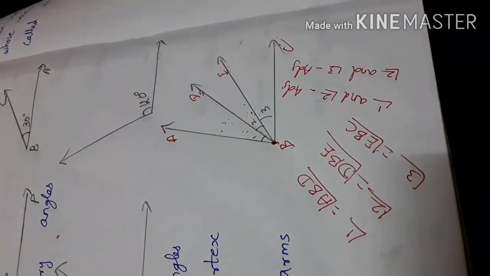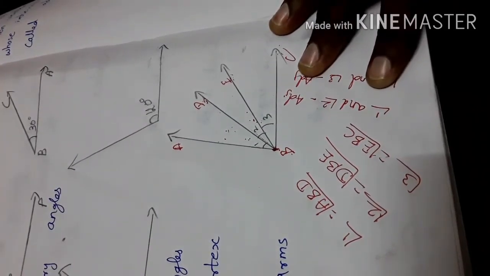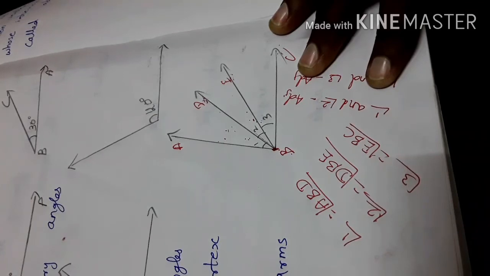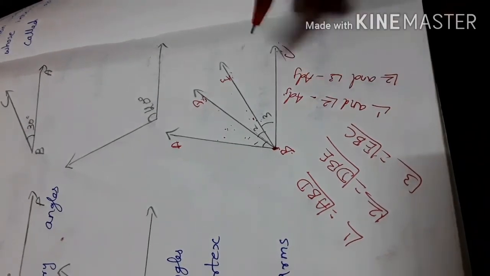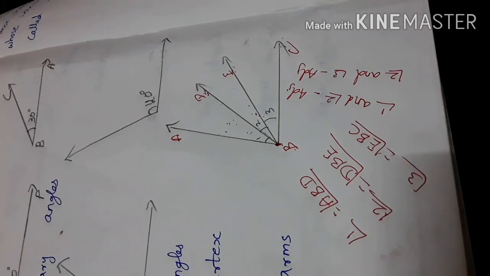So we do not have a common arm. So angle 1 and 3 are not adjacent angles. So 1 and 2 are adjacent angles. 2 and 3 are adjacent angles. But 1 and 3 do not have a common arm.